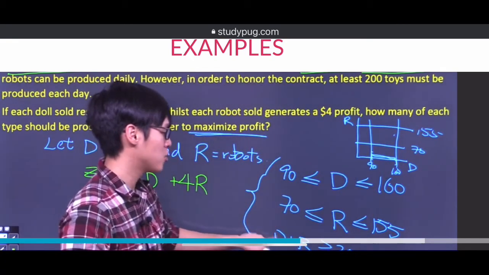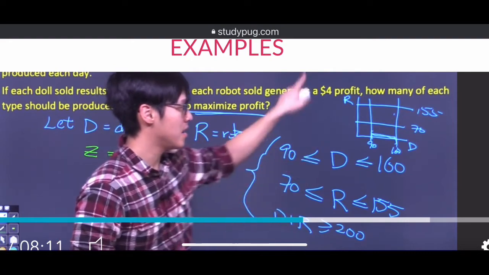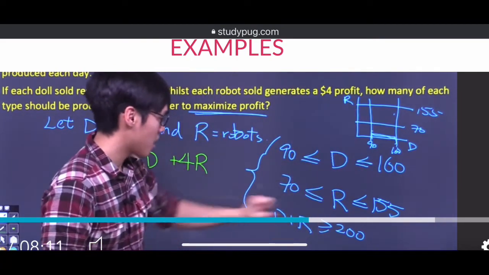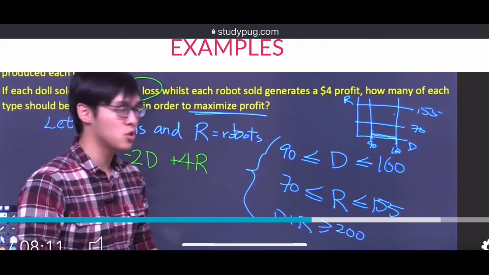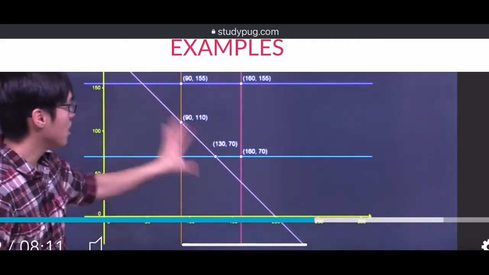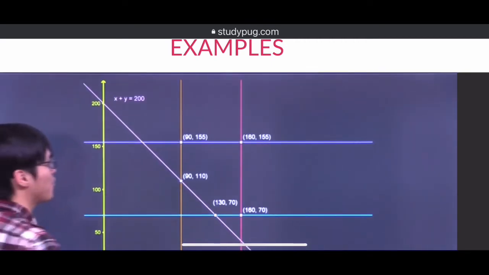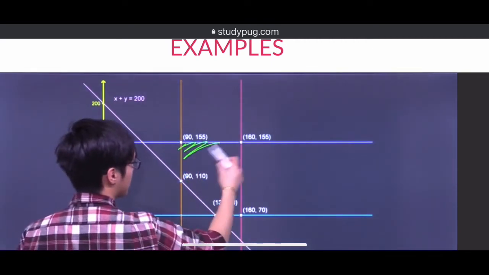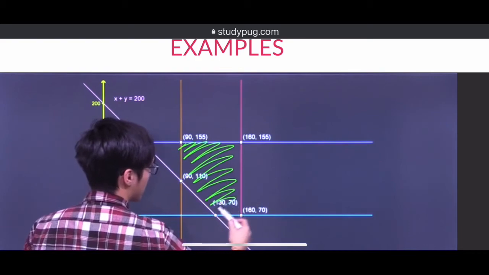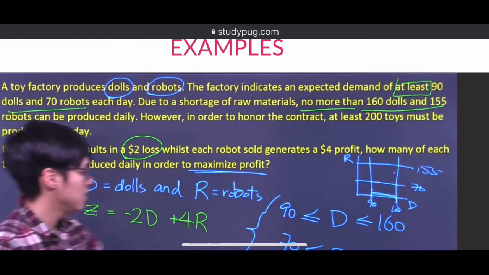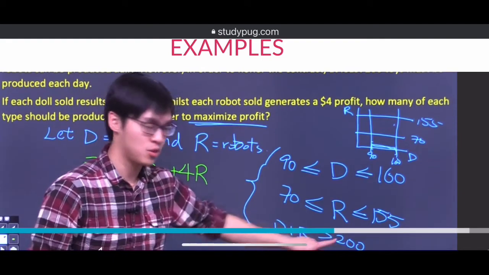After that, you just plug in another line and see where it covers. Not going to waste time on this, but plugging into a graphing calculator, you will have this graph over here. This time we are looking at this region, because we are looking at D plus R greater than 200.